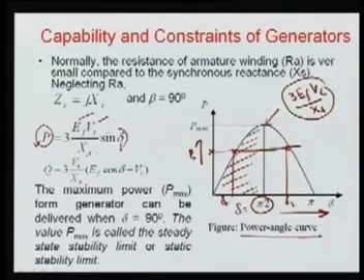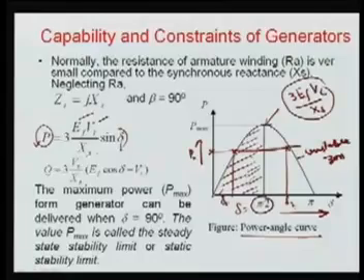This angle is smaller, this angle is larger. This side is called the unstable zone, so we cannot operate the generators in this zone, meaning our angle should always be less than pi by 2, and this side is the stable zone of the system.